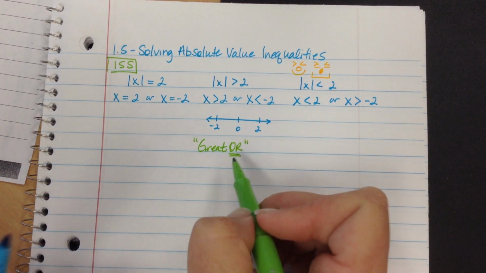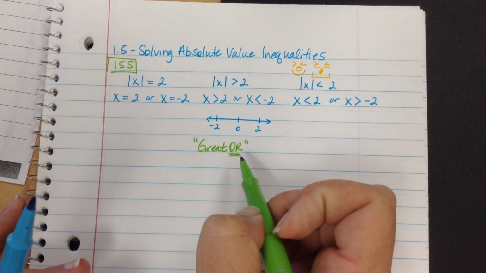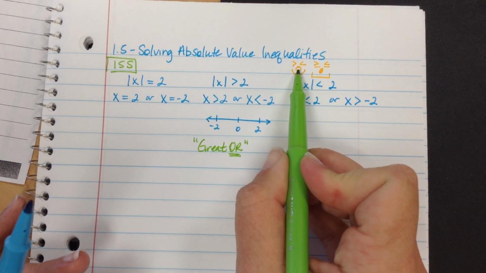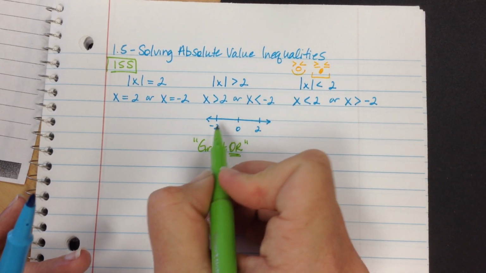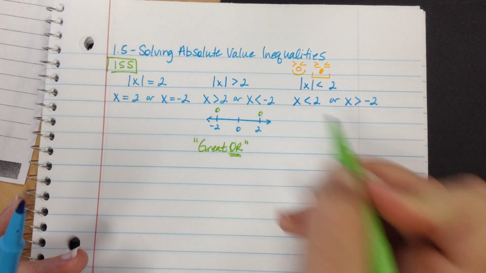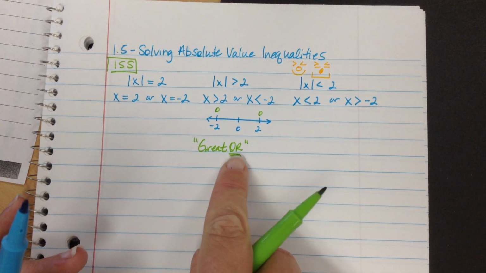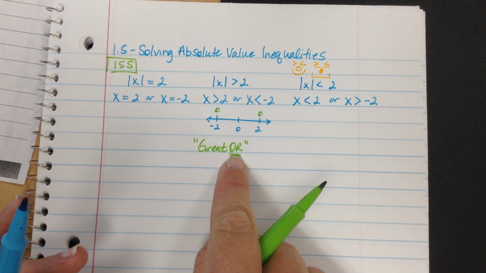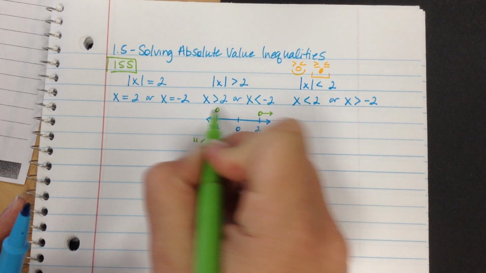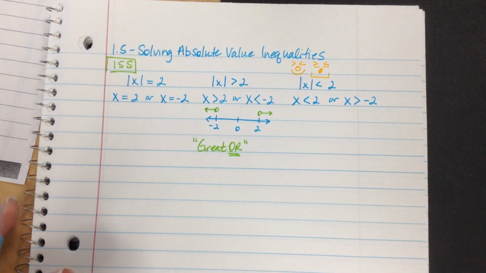And what this means is we're going to encompass a few different things here. So we've got our greater than sign, which tells us automatically that we'll need open dots. So above my negative 2 and my positive 2, I'll need an open circle. Or means opposite. So anytime you land at greater, that means your arrows are going to be going in opposite directions.